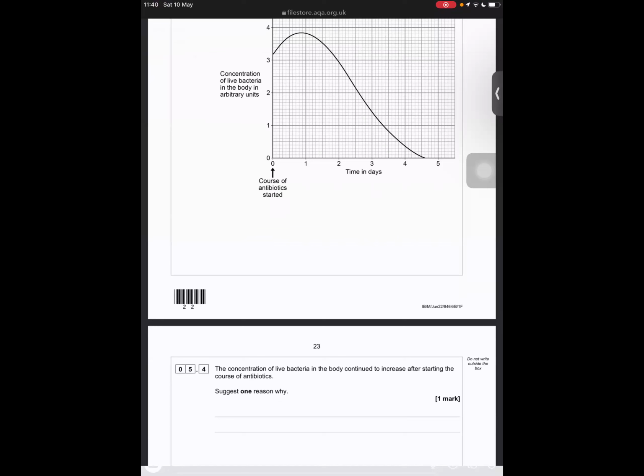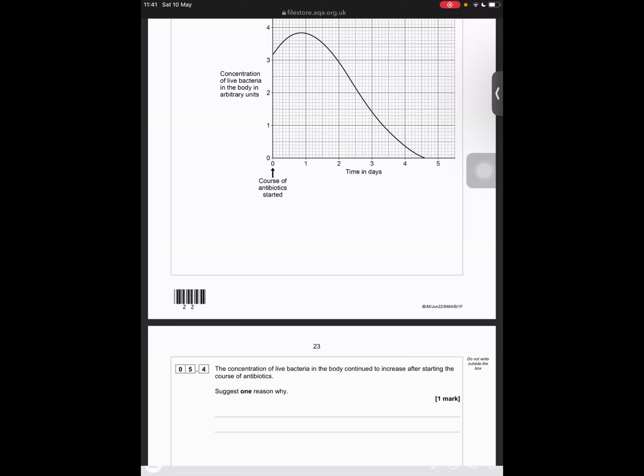Well, I think it's probably because the amount of live bacteria could not be contained by the first initial course of the antibiotic, and the body was probably trying to adapt to it.